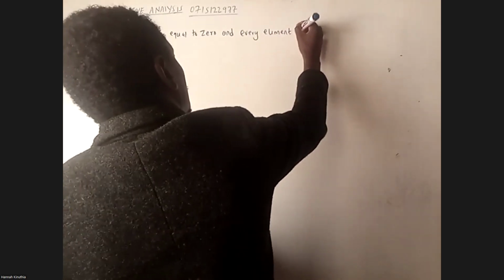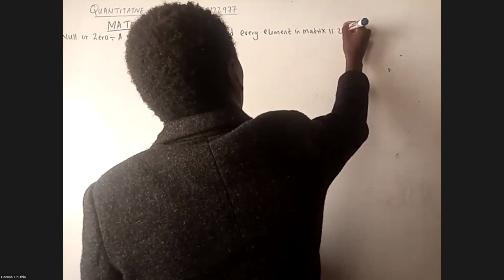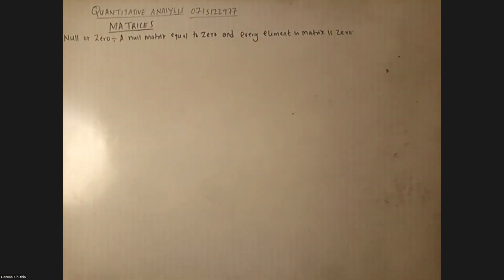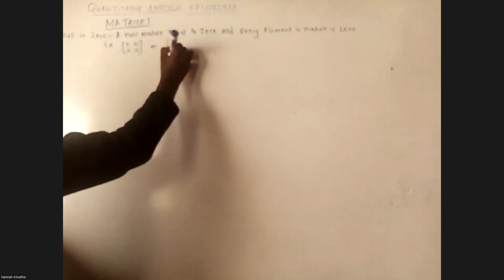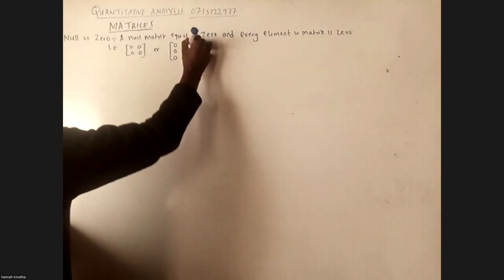For example, 0, 0, 0, 0, or 0, 0, 0, 0, 0, 0.